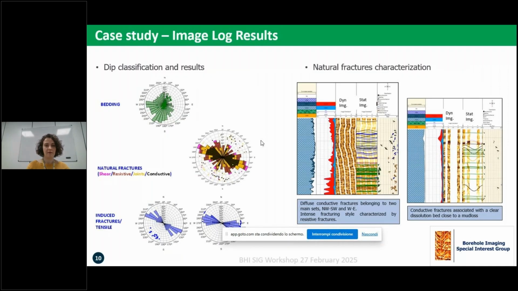The image log provided important information regarding the nature of the fractures and the stress regime. In particular, we classified the dips as bedding, for sure, which are present in our formation, and both natural and induced fractures.